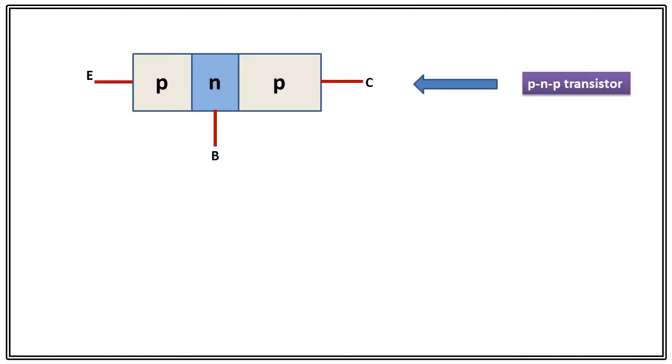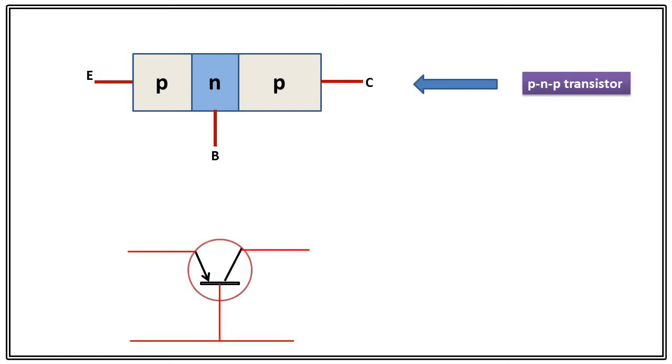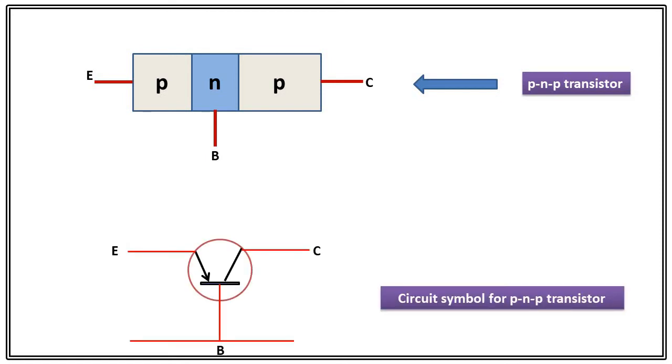To draw a circuit diagram, we always use some kind of symbol, that is a symbol for resistance, a symbol for capacitor. Similarly, we use a symbol for transistor. And this is the circuit symbol of a PNP transistor. The arrow represents the emitter side, a horizontal line indicates the base side, and the other side is collector.